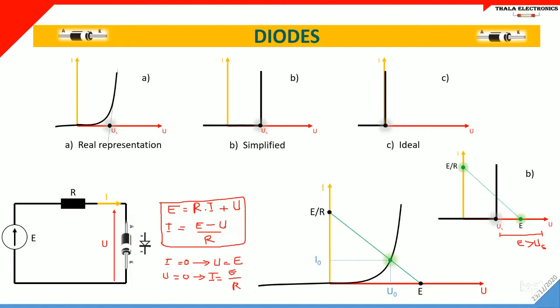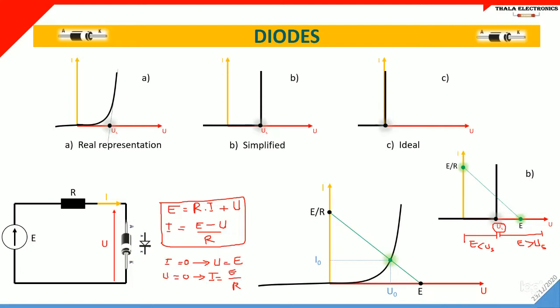And when E is lower than US, there is no current through the diode. US is the threshold voltage of the diode. This is the voltage needed in order for the diode to let current flow forward through it.